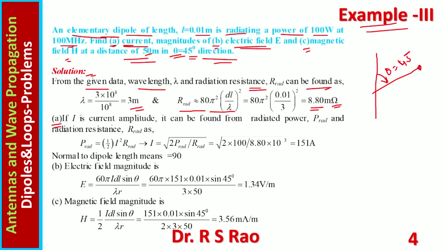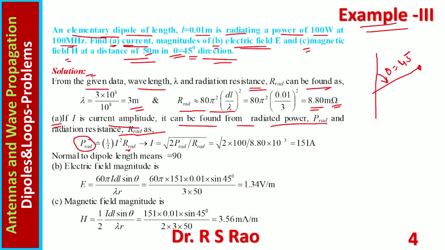If I is current amplitude, it can be found from radiated power P radiated and radiation resistance. Radiated power is equal to half I square, I is the current amplitude, into radiation resistance.